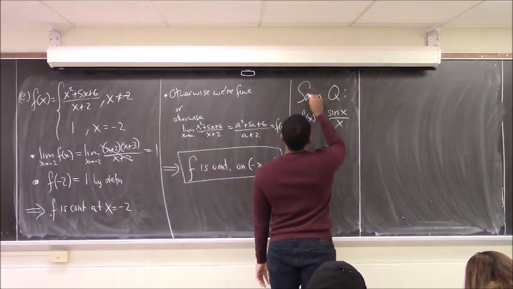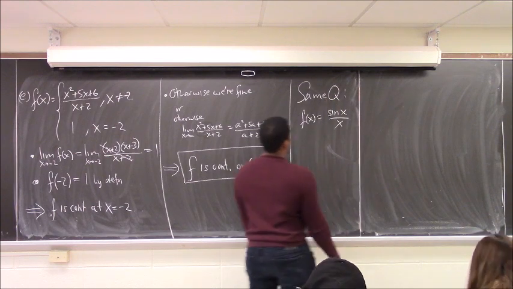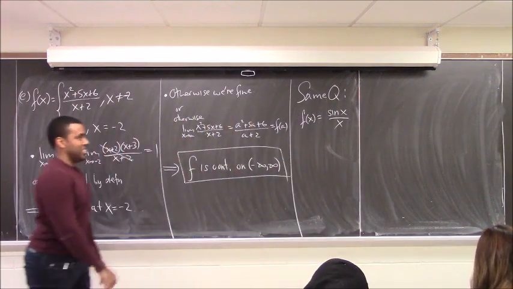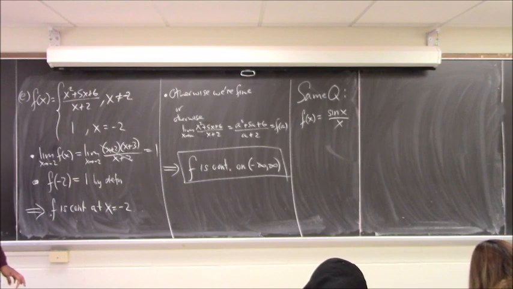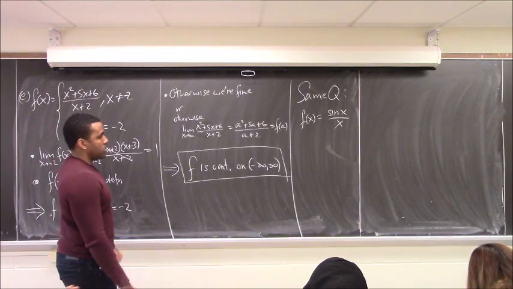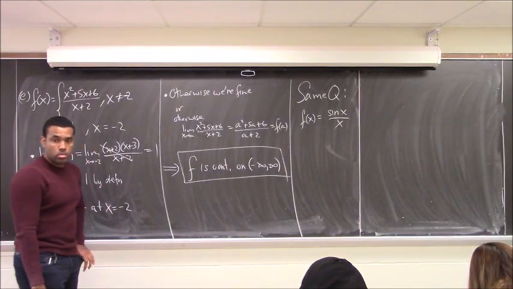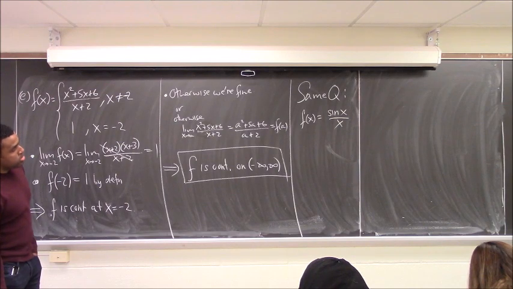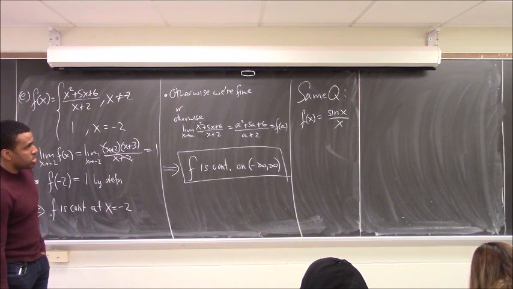Same question, actually. Everywhere except 0. Everywhere except 0. Can you write out a justification?